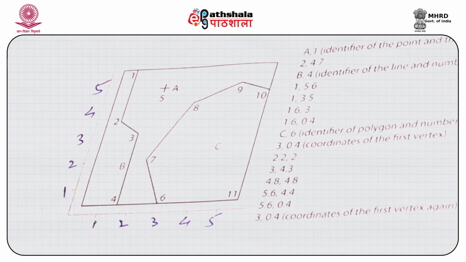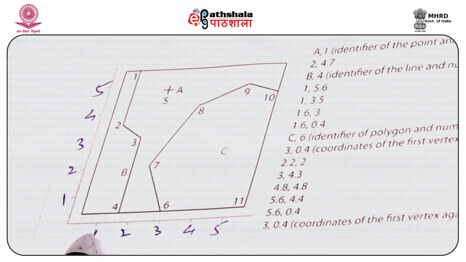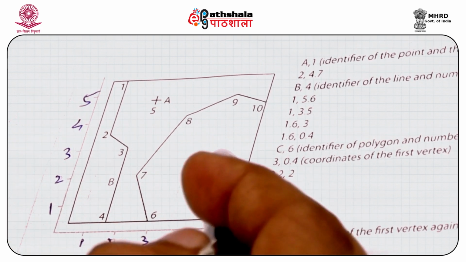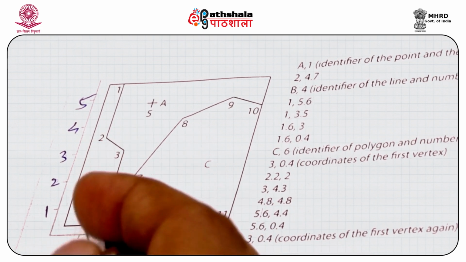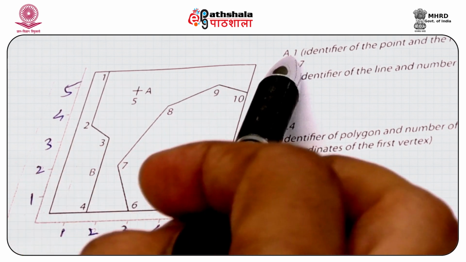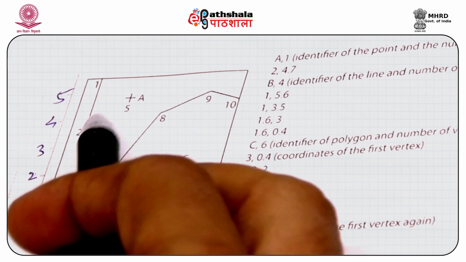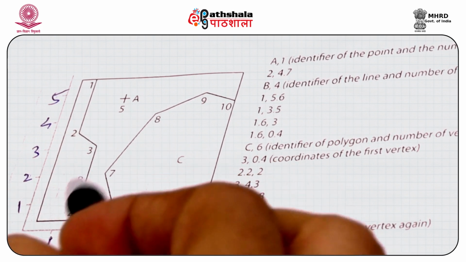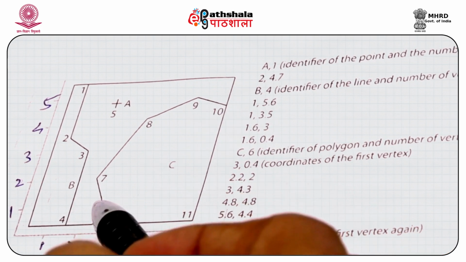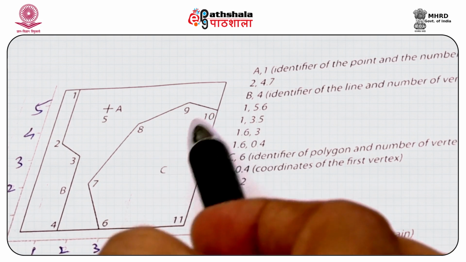So, if you see figure 3, which is the spaghetti model, on the x axis you see 1, 2, 3, 4, on y you see 1, 2, 3, 4. Then there are 3 polygons, A, B and C. Now, if you see A, how can we identify it? For that you have different nodes, say 1, 2, 3, 4, 5, then another line with nodes 6, 7, 8, 9, 10, 11.